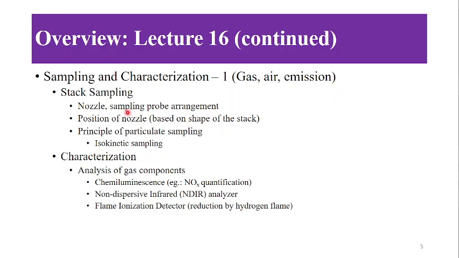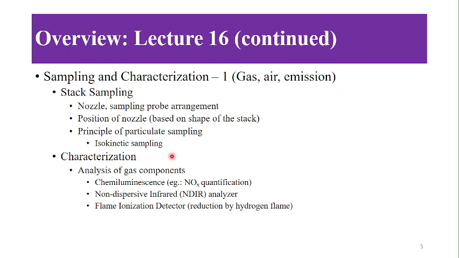The nozzle should be placed based on the shape of the stack, and also it should be based on the principle of isokinetic sampling, in the sense that the velocity of the stack air should be equal to the velocity of the air entering into the nozzle.